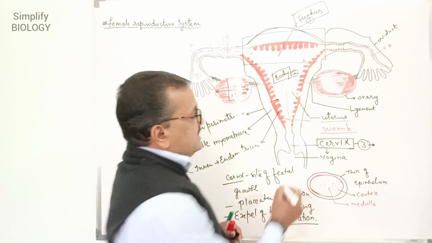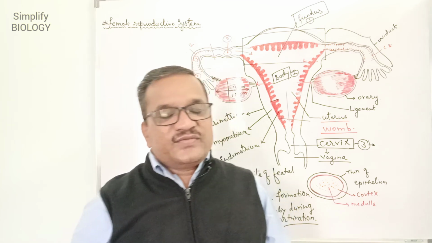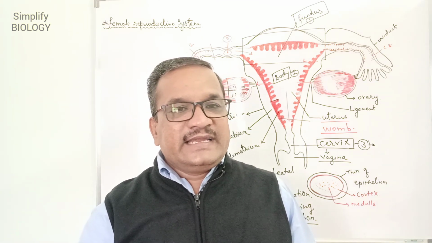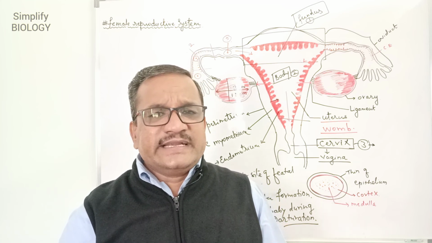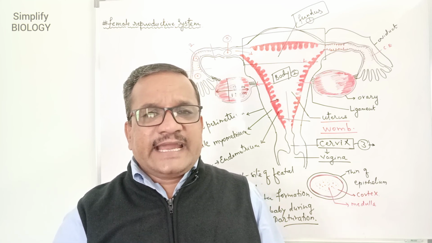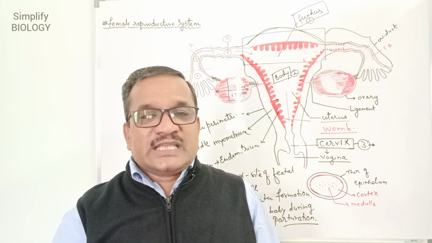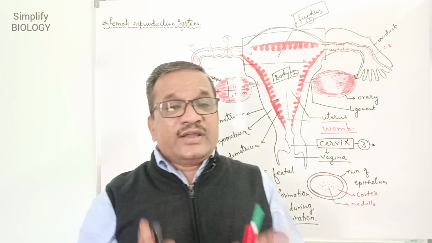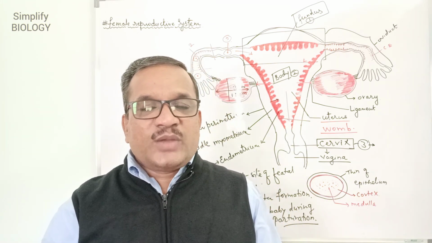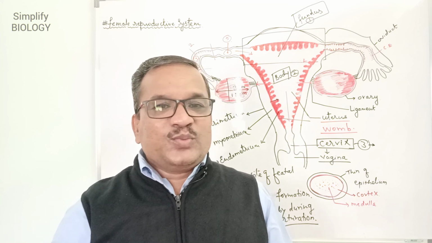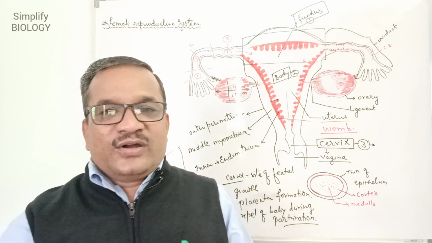The last part is called the vagina. The vagina is 7.5 centimeter in length, and it is a fibromuscular tube, lined by non-keratinized stratified squamous epithelium. It opens into the vestibule by the vaginal orifice.